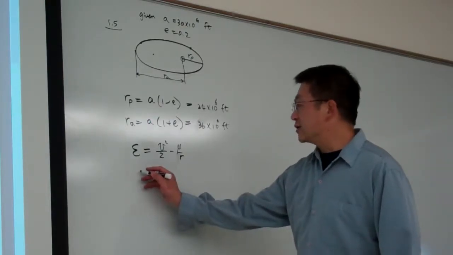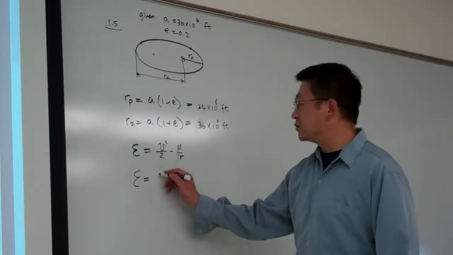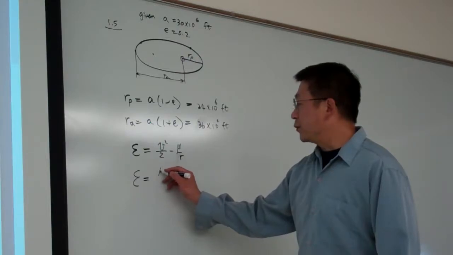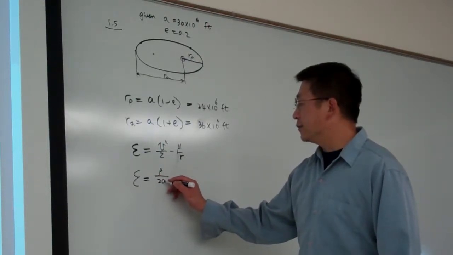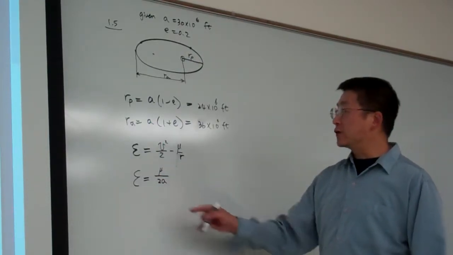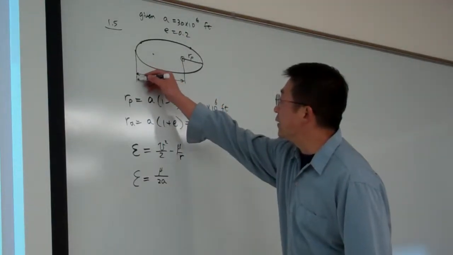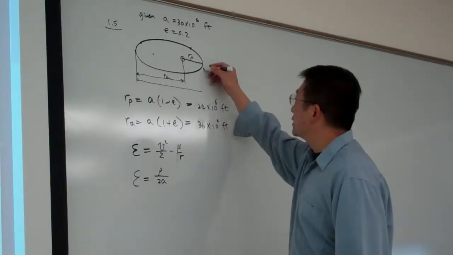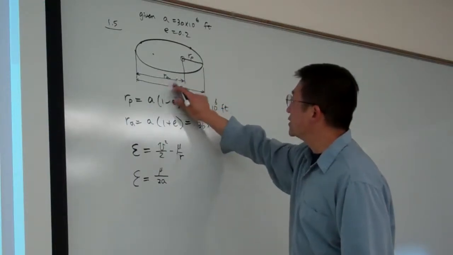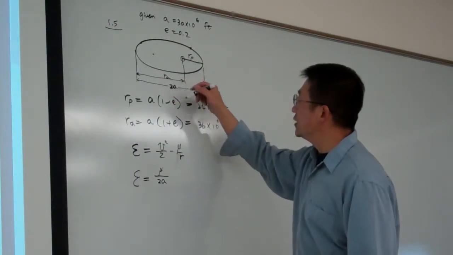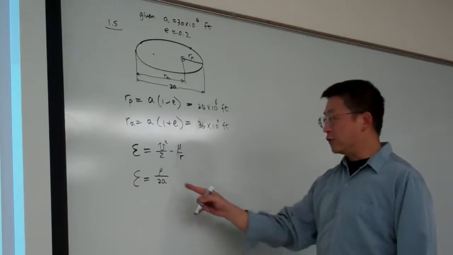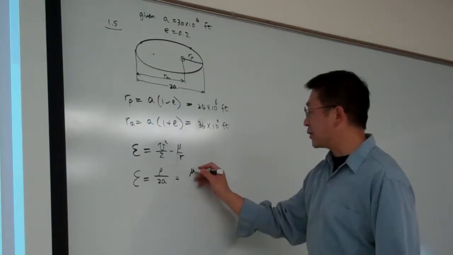On the other side, the specific energy can be written as minus mu divided by 2A. And we do have a 2A. So once we add it up, from the apogee to perigee, that is a distance 2A. So simply 2A equals RA plus RP. So we go to this direction. This option will be easier.